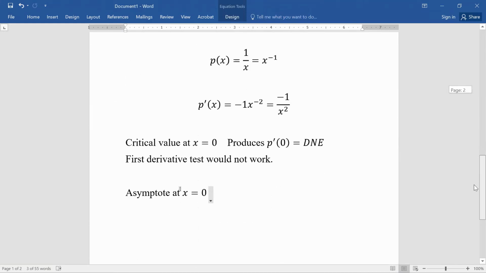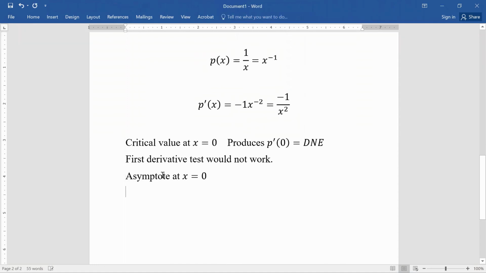The first derivative test doesn't work, but we can still say that from negative infinity up to 0, let's check out if this increases or decreases. Let's plug in a -1.